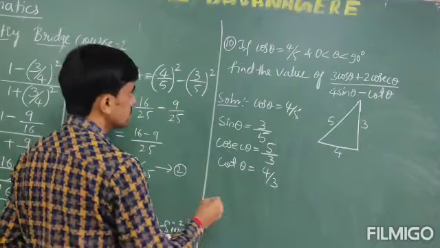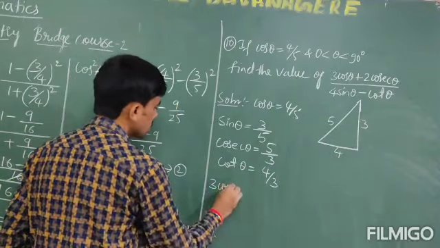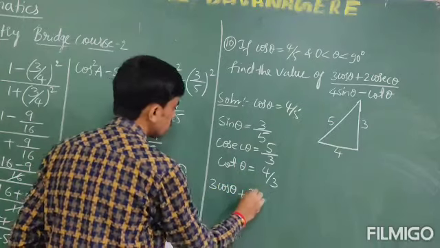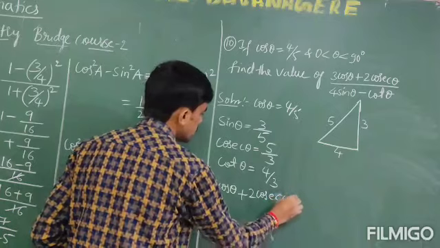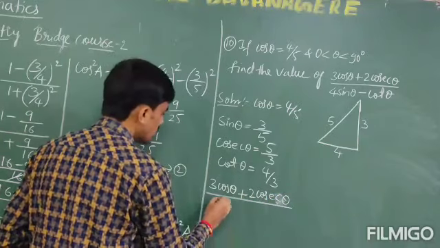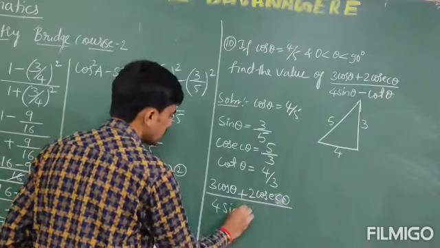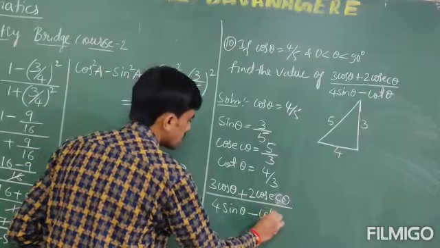Next, we have to take 3 cos theta plus 2 cosecant theta divided by 4 sin theta minus cot theta.